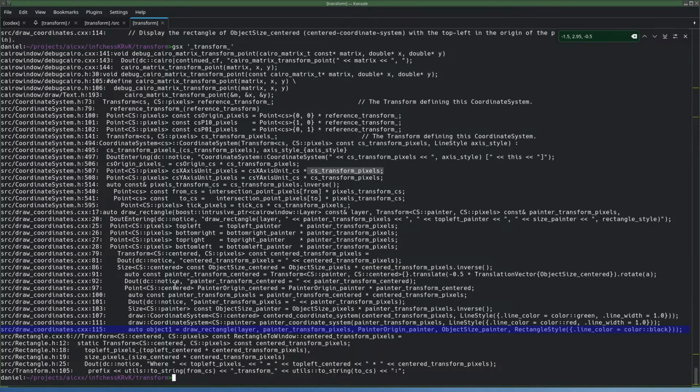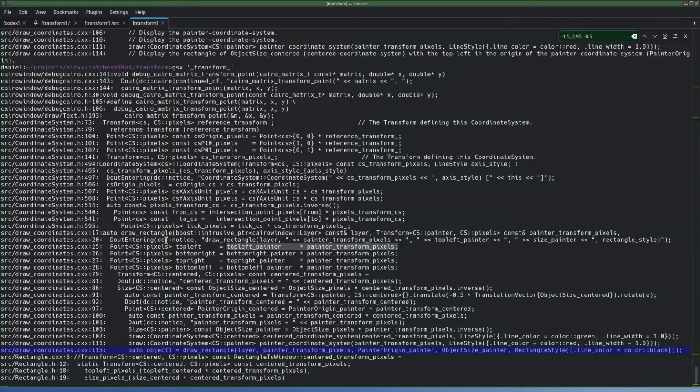That would not be possible. Yeah, I think I picked this order because that's how Qt transform is doing it as well. They multiply from the right with their matrices.